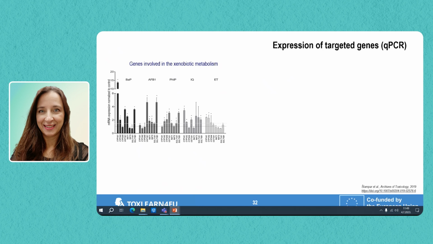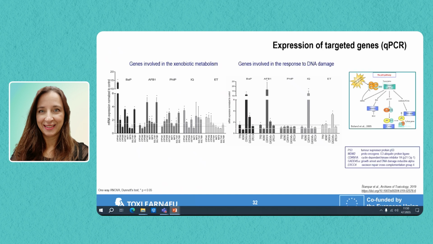And here this line is the control. So it's not the 2D, but a spheroid control. And this dashed line is what is considered a biologically positive result. So what is above this is a positive. It's considered a 1.5-fold increase compared to control.